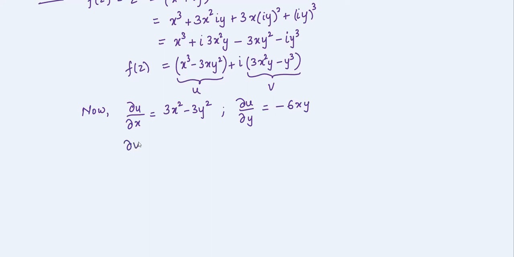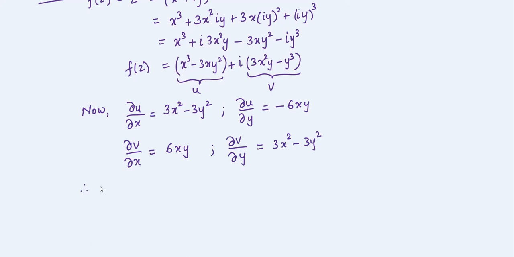Next, dou v by dou x will be 6xy, and dou v by dou y will be 3x square minus 3y square.